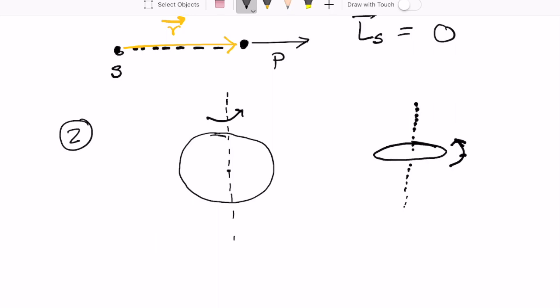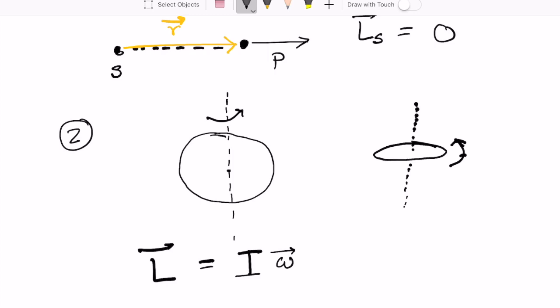So in this case, the angular momentum is going to be I, which is the rotational inertia of the object about the axis of symmetry, multiplied by omega. Omega is the angular velocity of rotation, right? Now, this formula is analogous to the formula for linear momentum. Remember, linear momentum is mass multiplied by velocity.